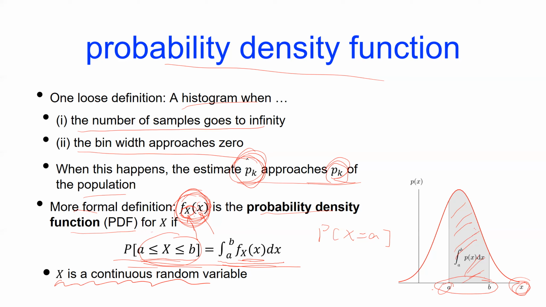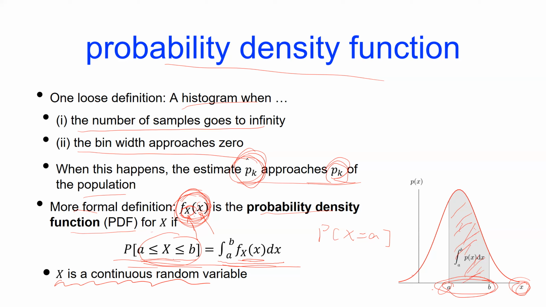So if this is a density function, then as I mentioned, it will give you a curve, and the area under the curve, this gray area, will give you the probability of the value falling within a range.